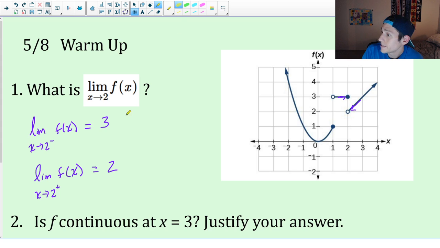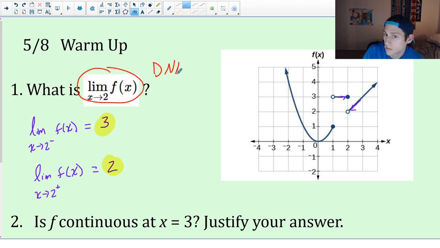Right? So we can see that our two limits, the left-hand limit and the right-hand limit, do not equal the same thing. Therefore this overall limit, DNE, does not exist. All right, the only way that we can get a limit is if the two sides are the same thing.